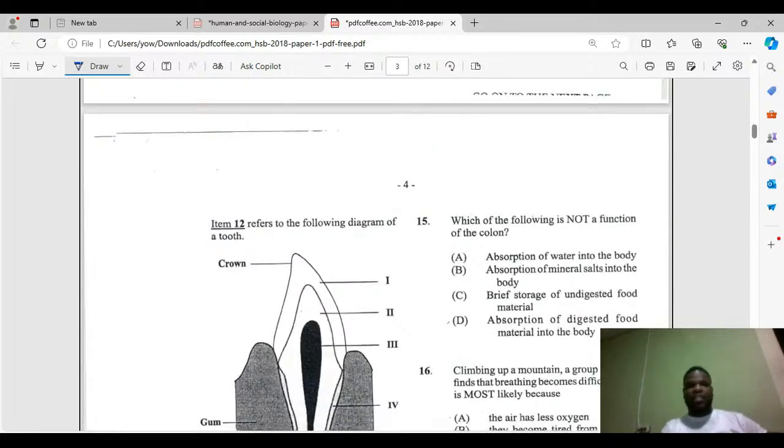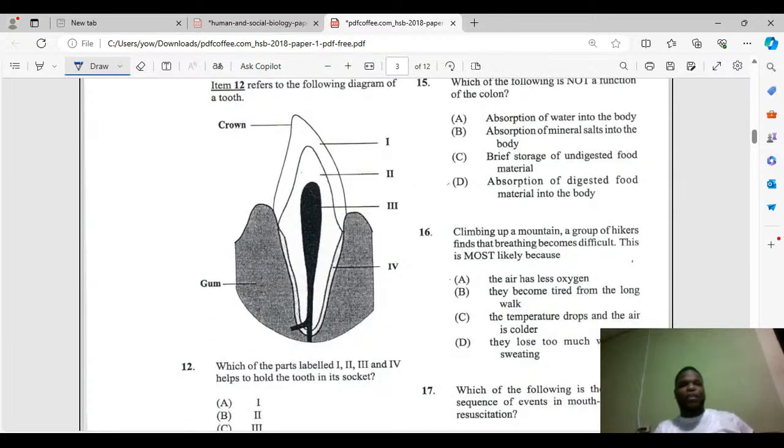All right. This one says, refer to the following diagram of the tooth, the crown. And we have I to IV here. Which of the parts labeled helps to hold the tooth in its socket?